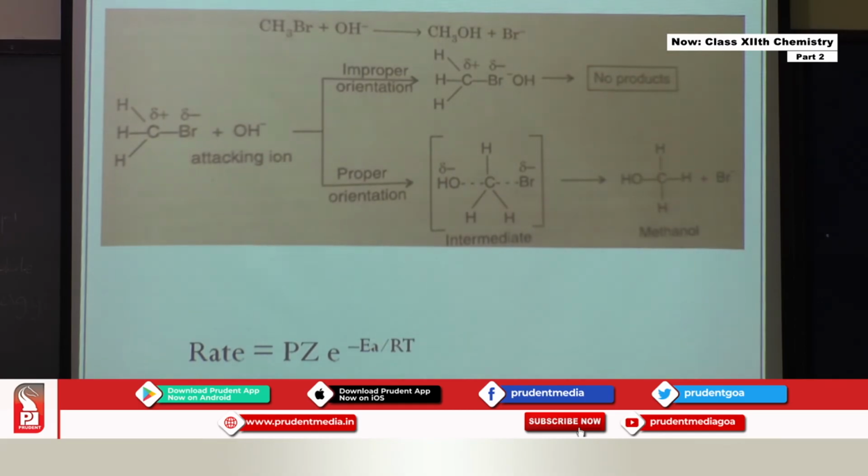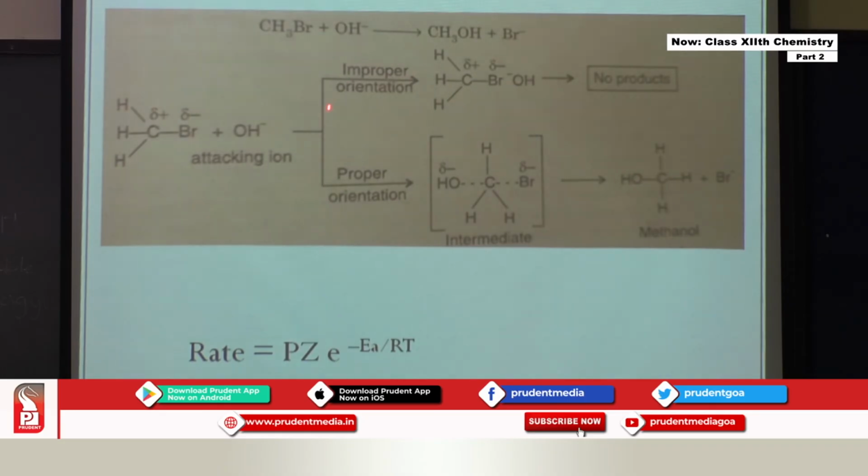But in the mechanism, these are the reactants, and if the nucleophile attacks from the same side as that of the leaving group, bromine, which is supposed to leave, then there is not going to be any products formed.